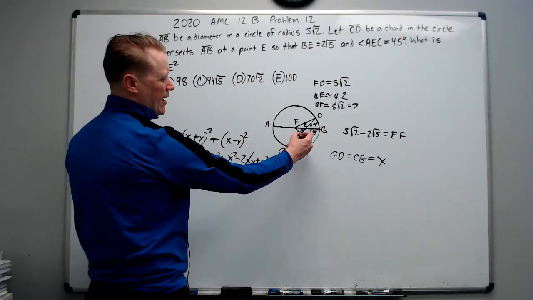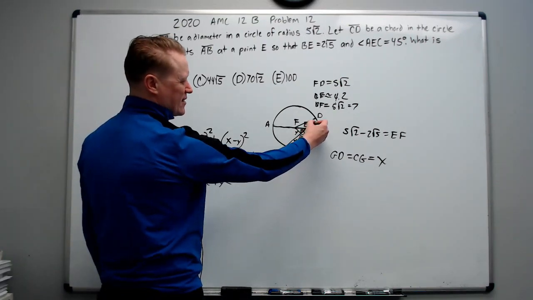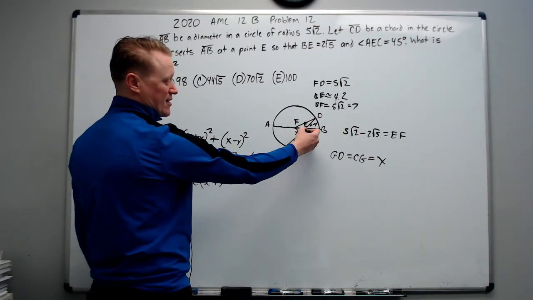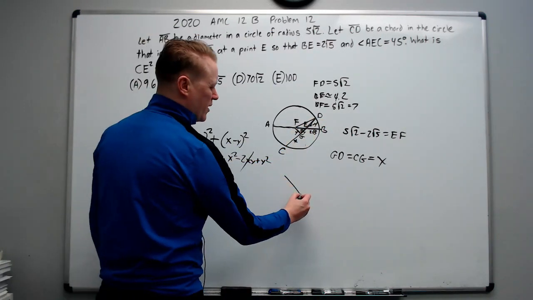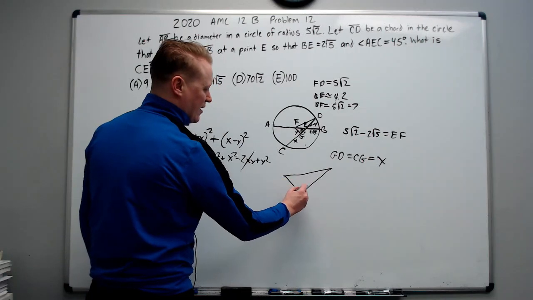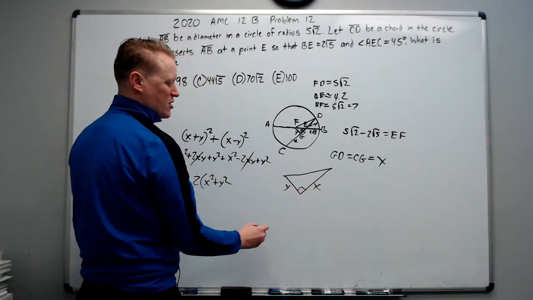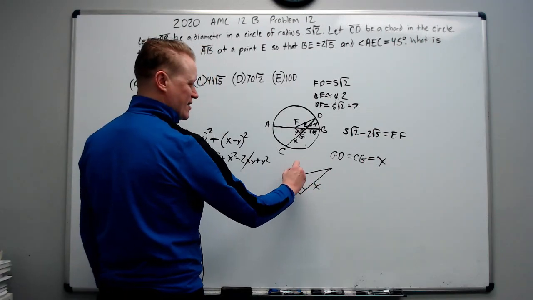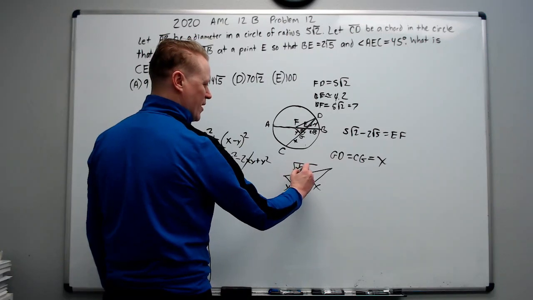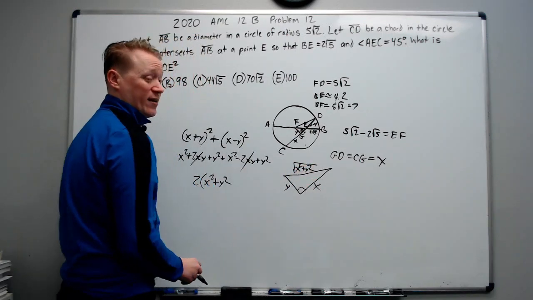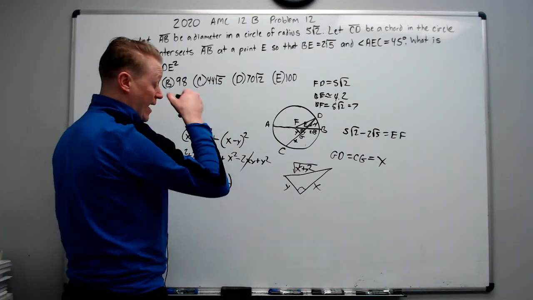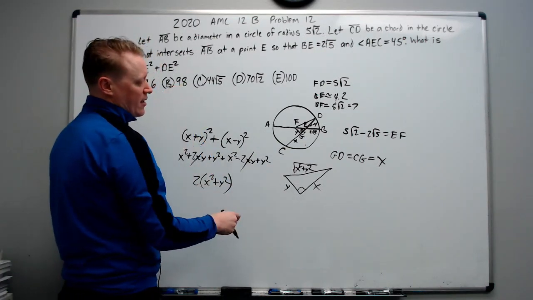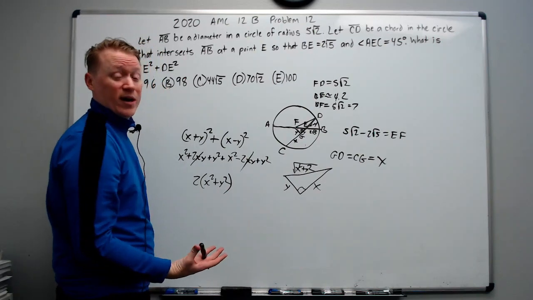Now, keep in mind, X is this length right here, and Y is this length right here. So what does that give us? If this is X and this is Y, then this is the square root of X squared plus Y squared, right? And so if we want to find X squared plus Y squared, we just need the hypotenuse squared.